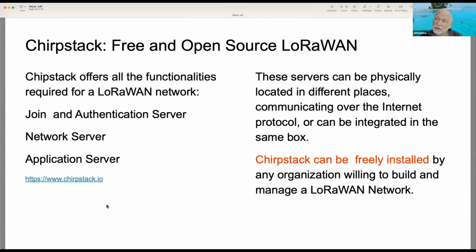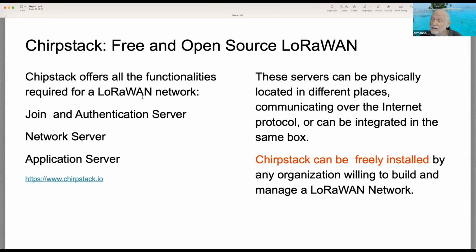Then you can build your own network just by buying the gateway, which nowadays you can buy for even less than $100. And you only need to buy your gateway and implement ChirpStack that can be implemented in a number of different platforms. And then you are good to go, and you are the owner of your own network.